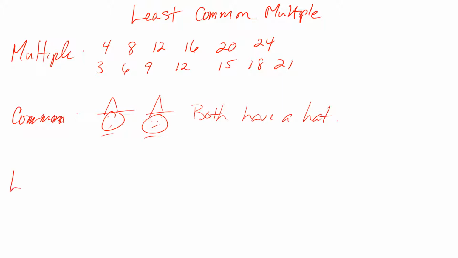The last term, least. Well, we know least means smallest. So let's try an example. Suppose I want to find the LCM, least common multiple, of 2 and 3. The first thing I'm going to do is find some of the multiples of each one.